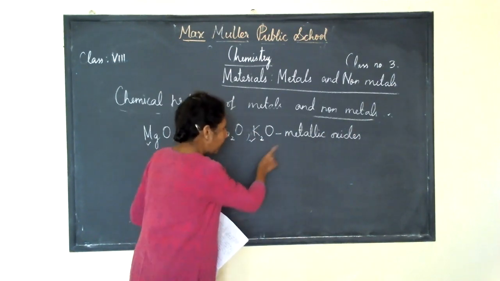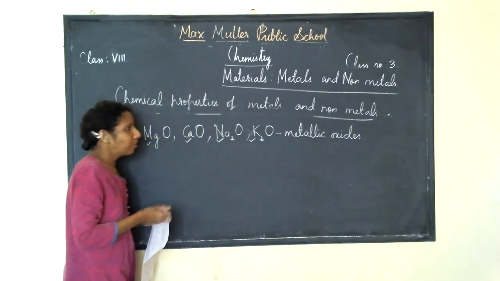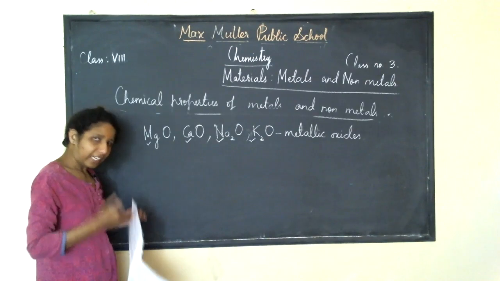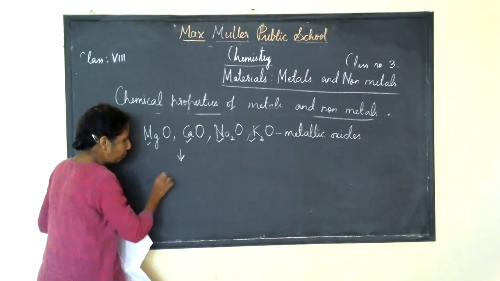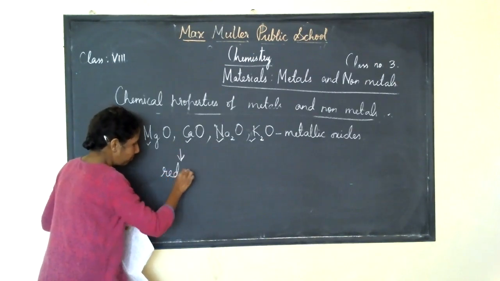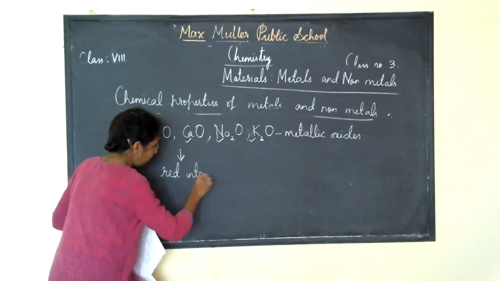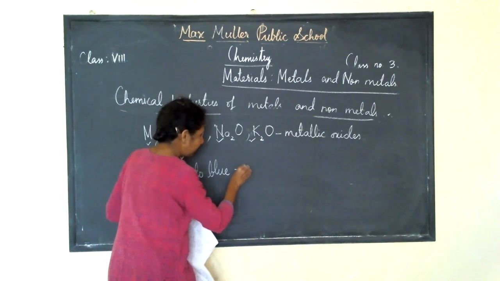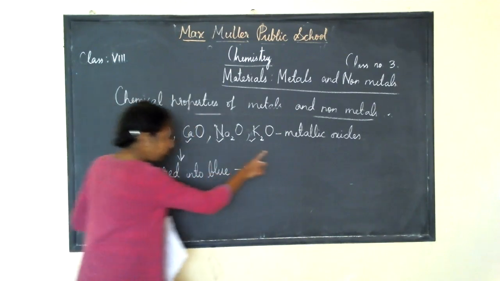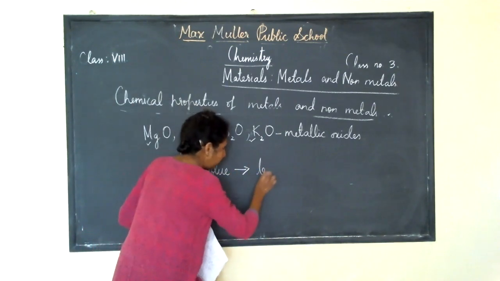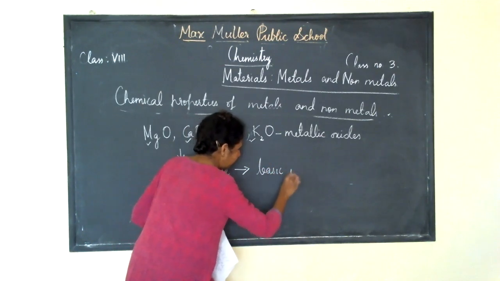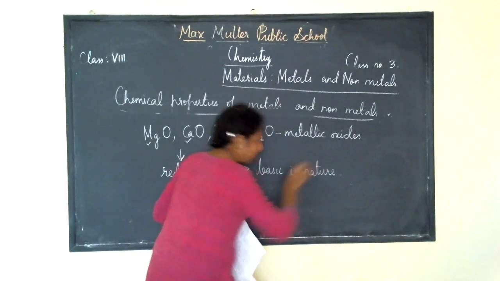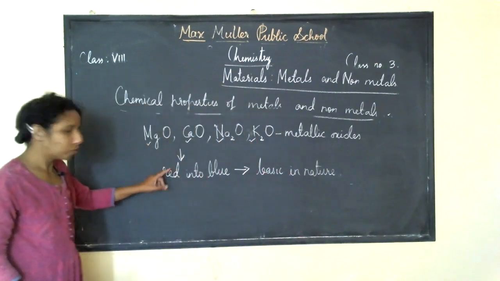These metallic oxides, when dissolved in water, turn red litmus into blue, indicating metallic oxides are basic in nature. I hope you understood this.